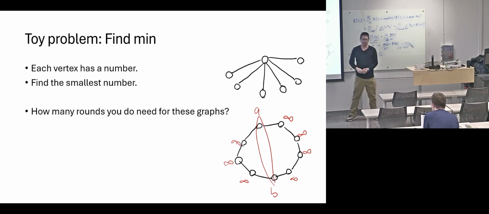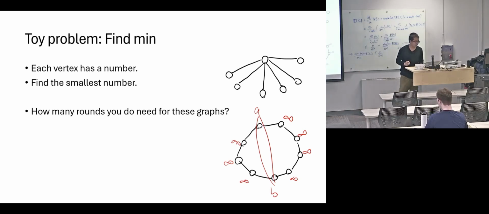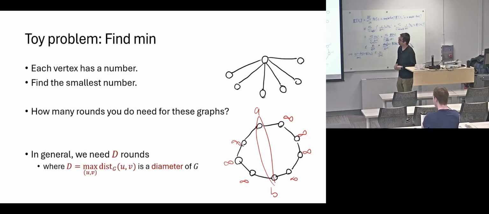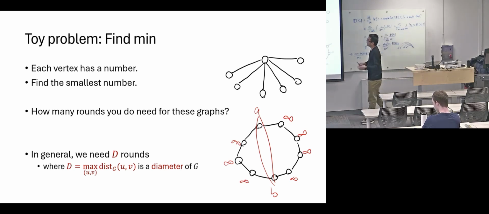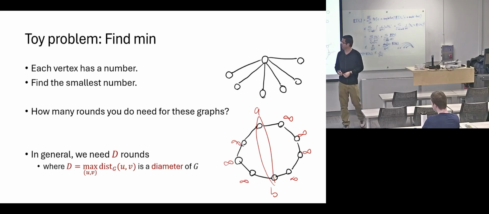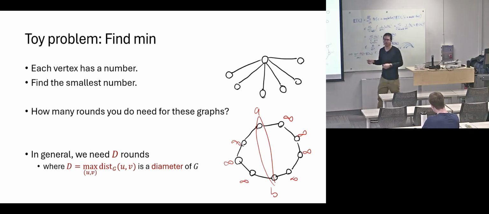Okay. So in general, for this simple problem, you will need diameter rounds, where diameter is the maximum distance between any two nodes, and diameter can be as big as n.